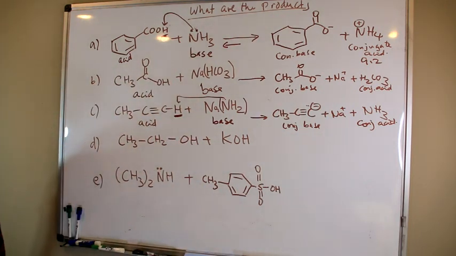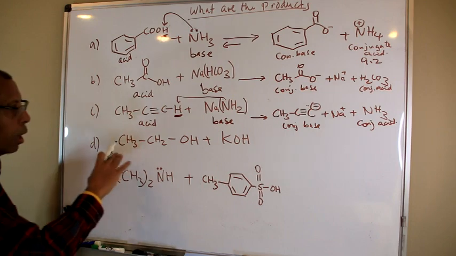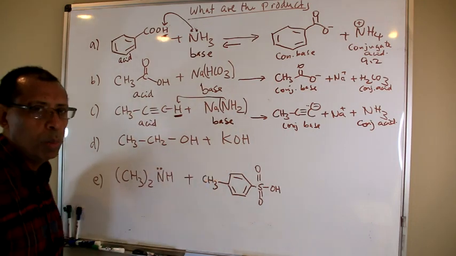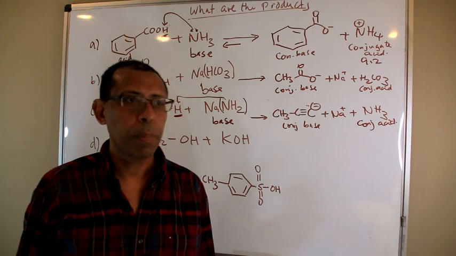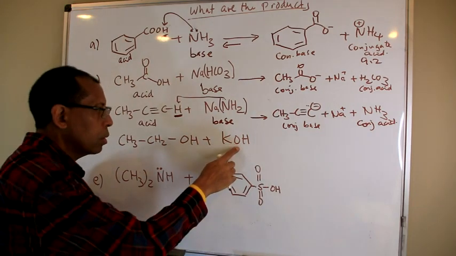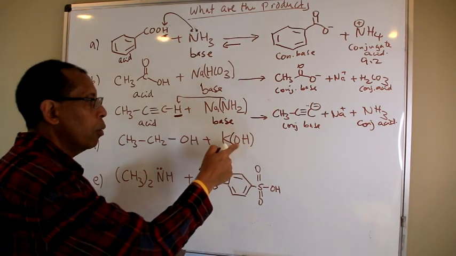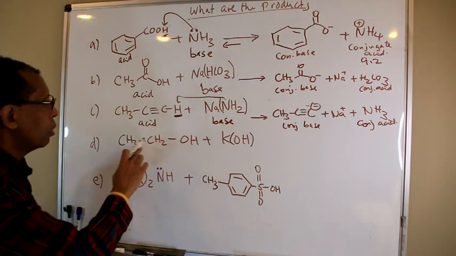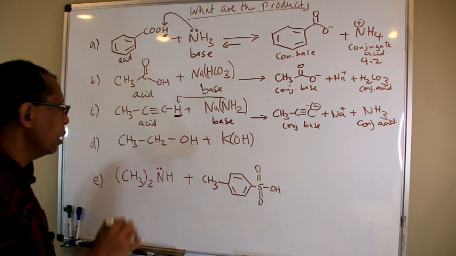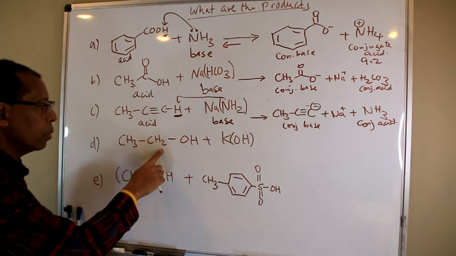Now, continuing in the same fashion, we have potassium hydroxide. Remember, potassium hydroxide, like sodium hydroxide, is a strong base with OH minus. So the base is the OH minus. Here on this alcohol, these are not the acidic protons.